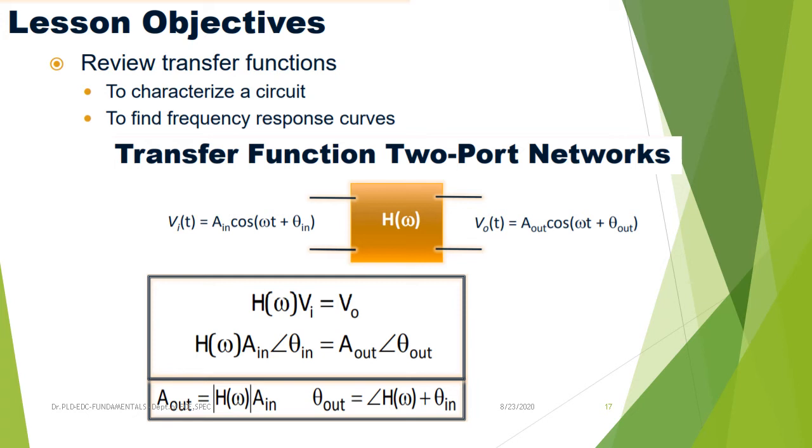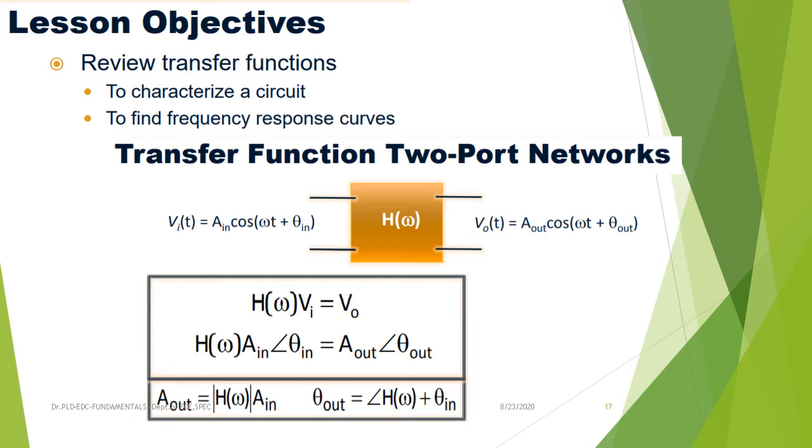Based on this equation, A_out is equal to the magnitude of H of omega times A_in. That's the magnitude formula for calculating A_out. And the phase theta_out is equal to the angle of H of omega plus theta_in.